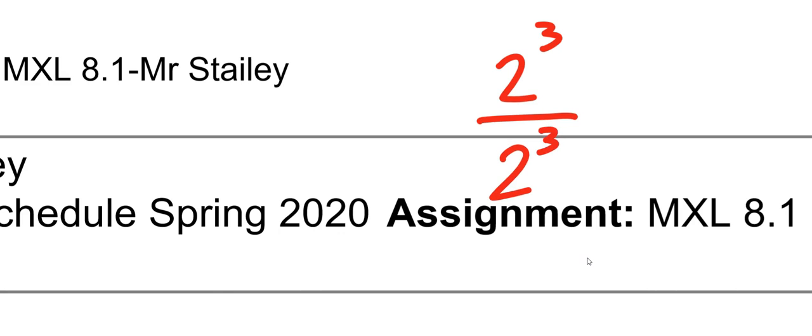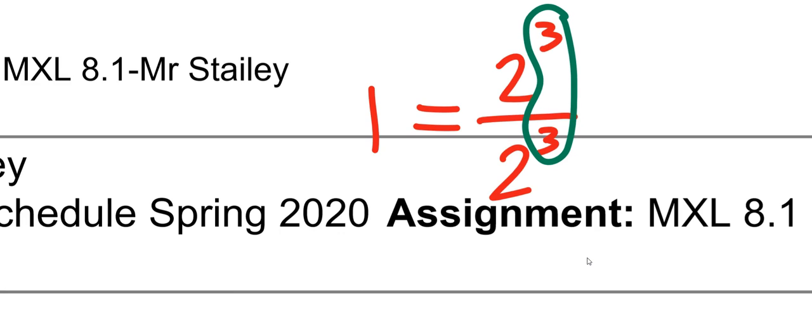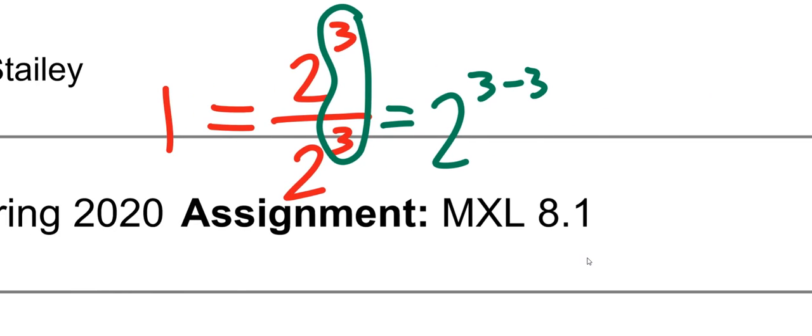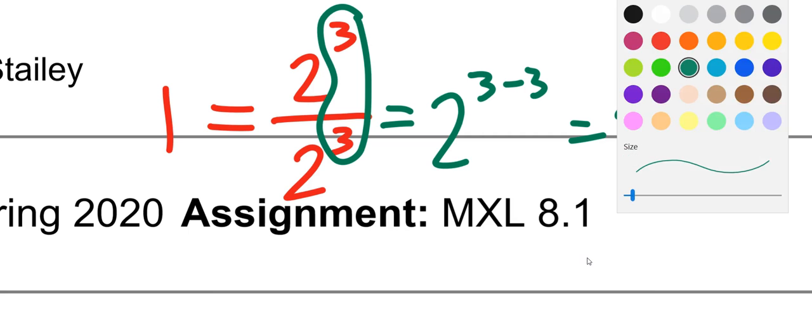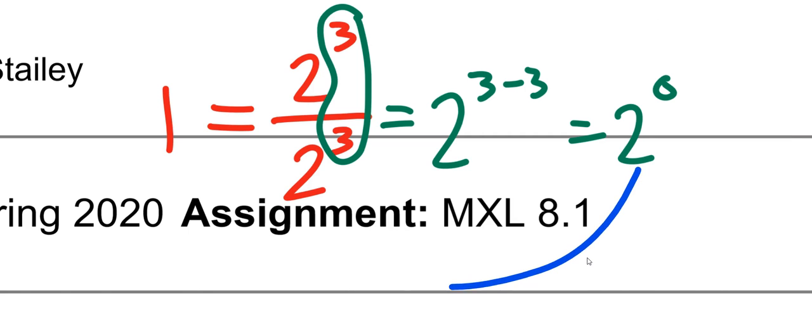Isn't that 8 divided by 8? What do we know that equals? 1, right? Anything divided by itself is 1. Now, what are we allowed to do with these two exponents when we're dividing like bases? Subtract them. So what is 3 minus 3? That is 0, right?